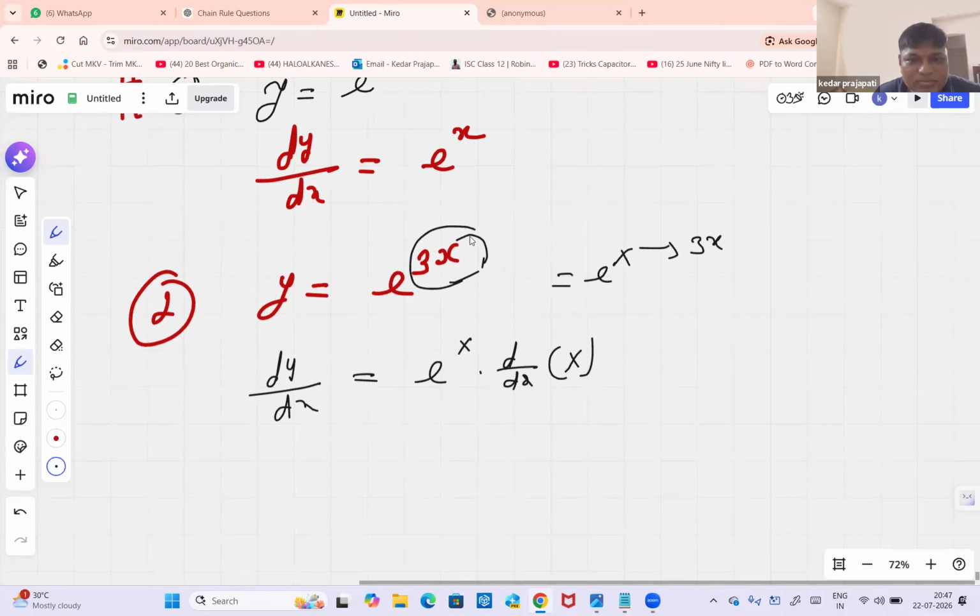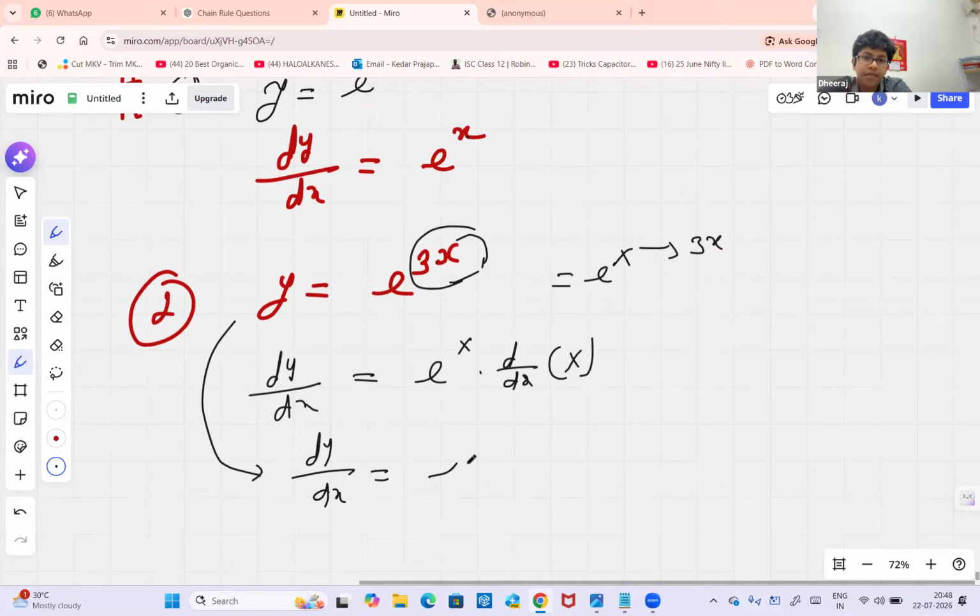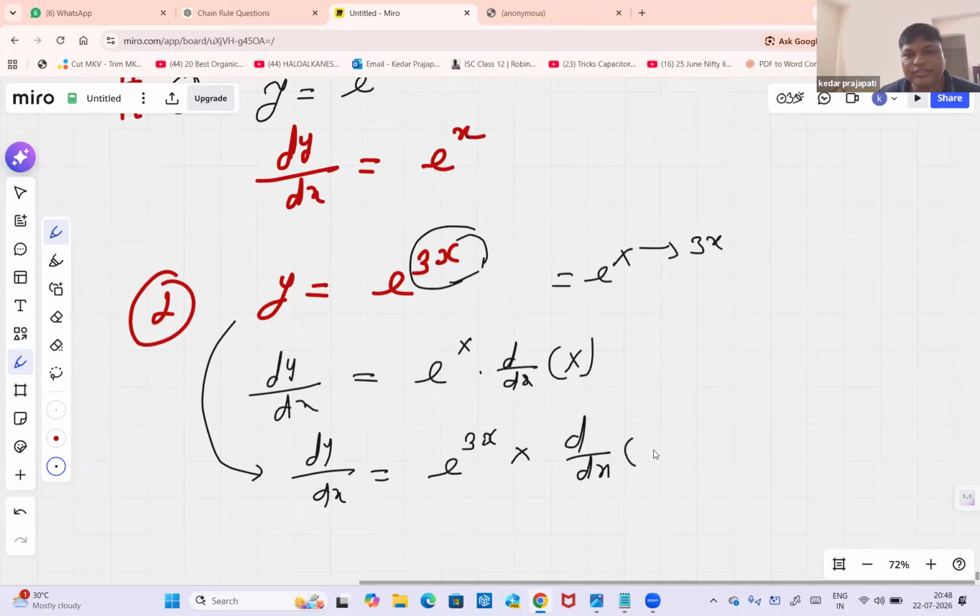So basically, I'm trying to compare this formula and this formula. Based on this, what will be dy by dx here? e to the power, in place of x, put 3x, into simply e to power 3x, then d by dx of 3x.